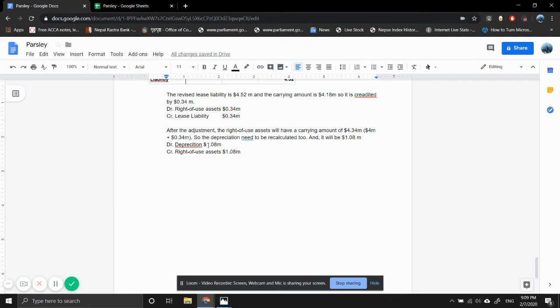After this, what else do we need to do? Once the depreciation is charged, the carrying amount of right of use assets, right?